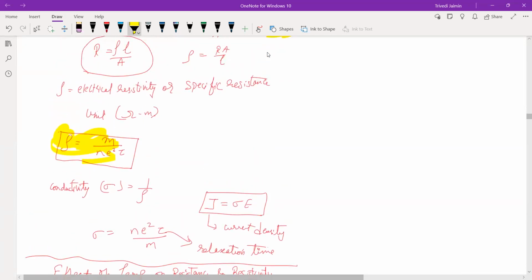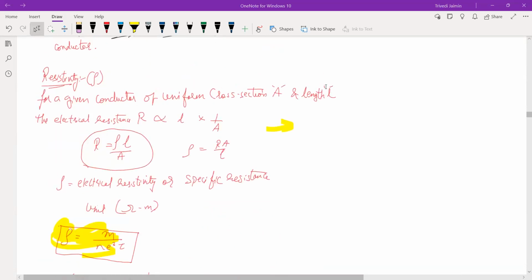Then we can go for the next. The unit you know, right? Ohm meter and all that.